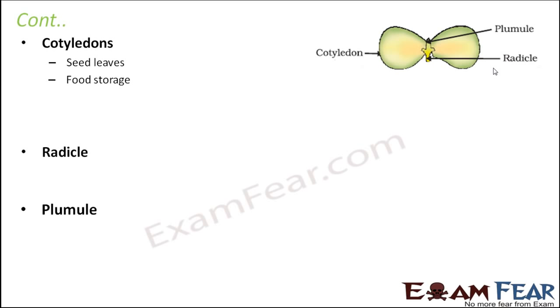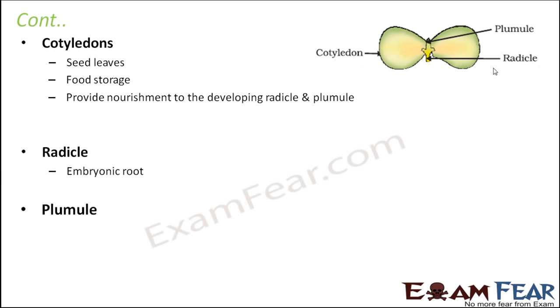Primarily the embryo gets some of the food from the endosperm, and after that the cotyledons store the food so that the embryo can keep on getting food. It provides nourishment to the developing radicle and plumule, because for the radicle to become a big root system and the plumule to become a big shoot system, they need a lot of energy. That energy comes from food, and that food is provided by the cotyledons.